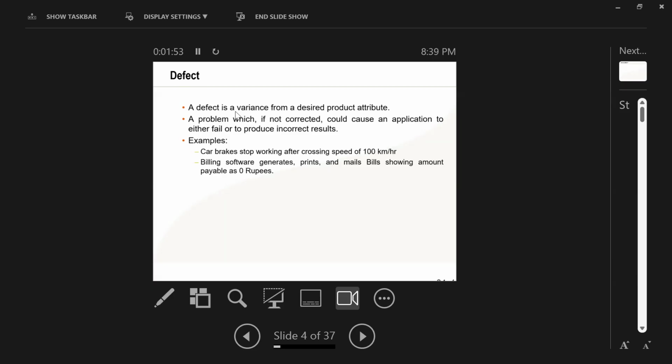A problem which, if not corrected, could cause an application to either fail or produce incorrect results, whether it is UI or functional or whatever it may be.